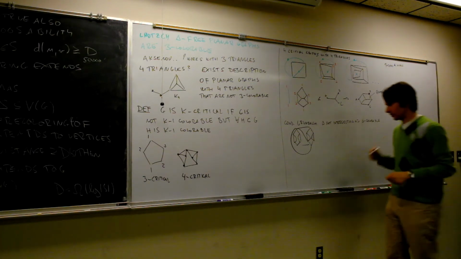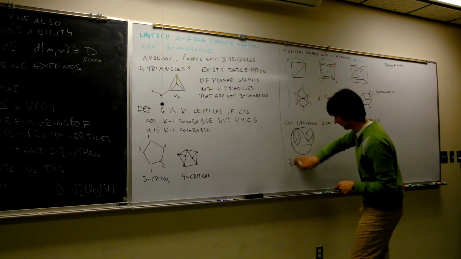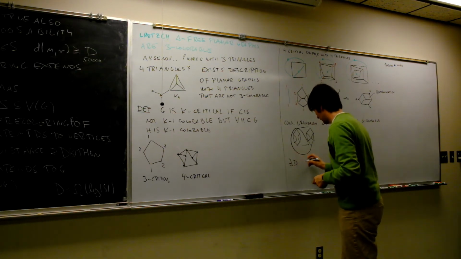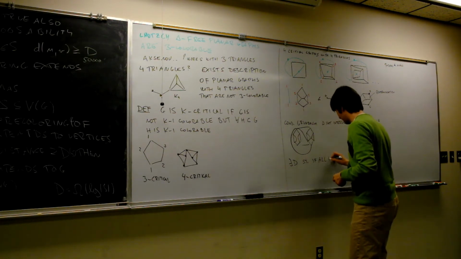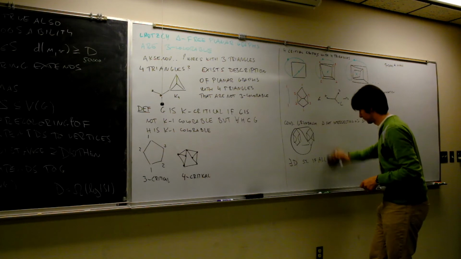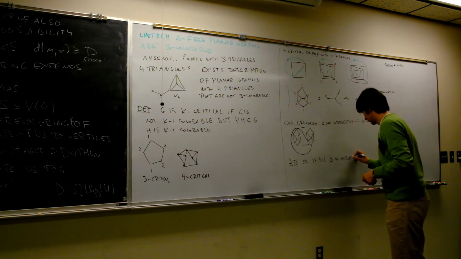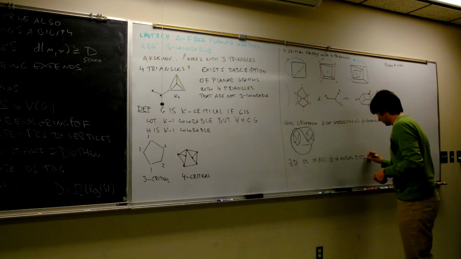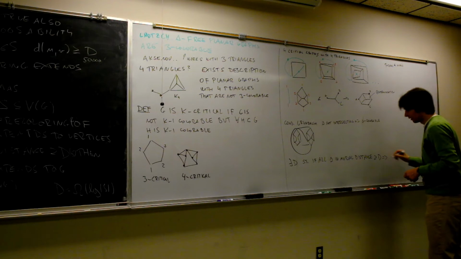But what you can do is that there exists a D, big D, such that if all triangles are in mutual distance at least D, then G is 3-colorable.